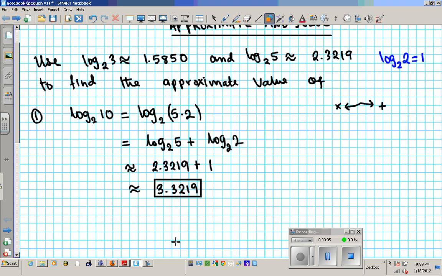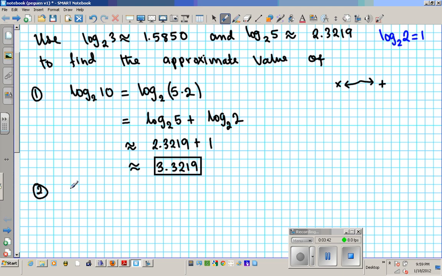Alright, let's try another example, approximation example number 2. What if we had log base 2 of 3 over 5? So what is division in the log world? Whenever you're dividing, that's the inverse of addition, subtraction.